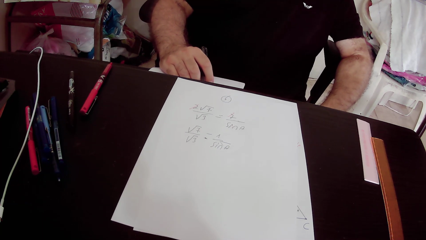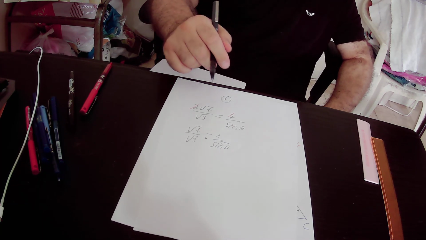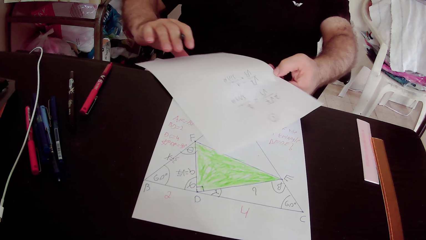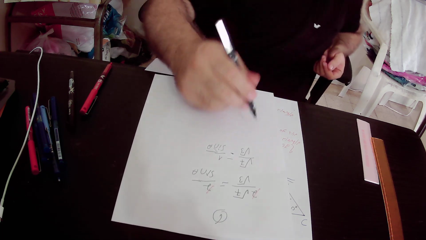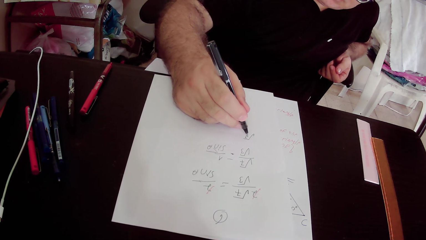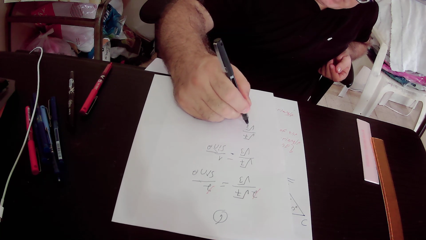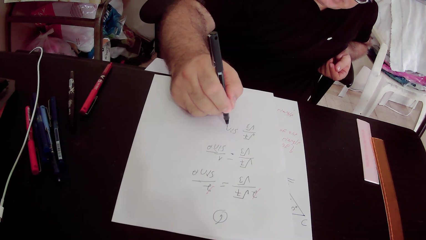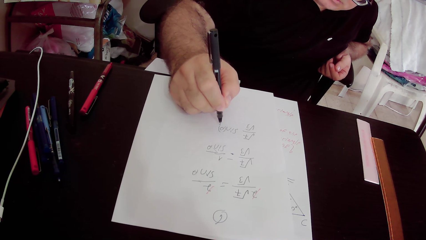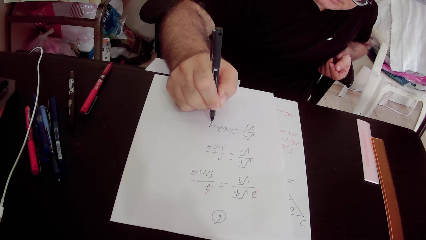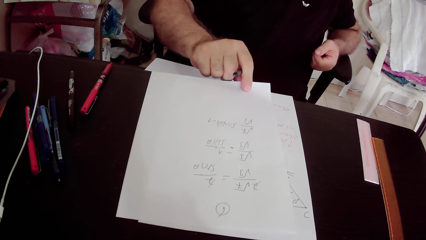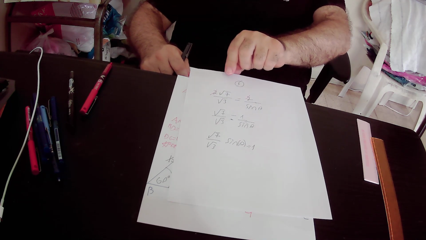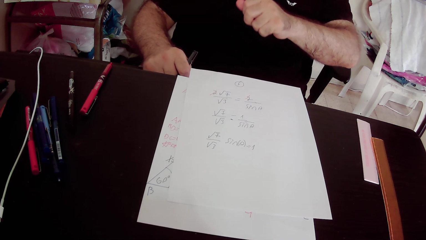Here we will multiply the equality by sine theta, and we will get that root 7 over root 3 times sine theta equals 1. Okay, root 7 over root 3 times sine theta equals 1.